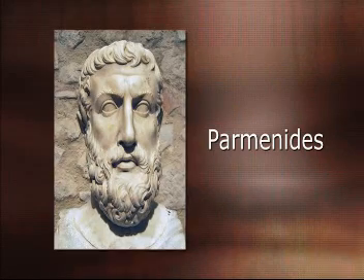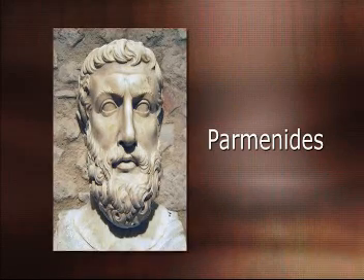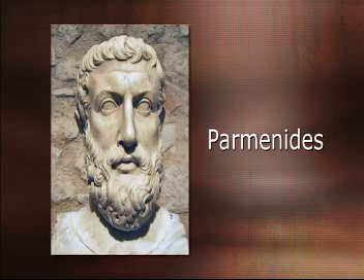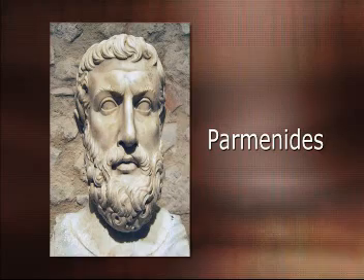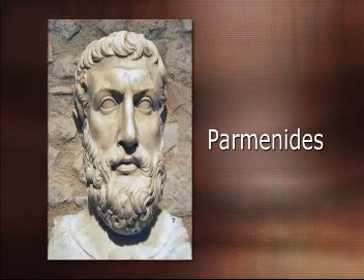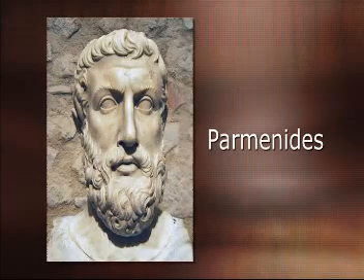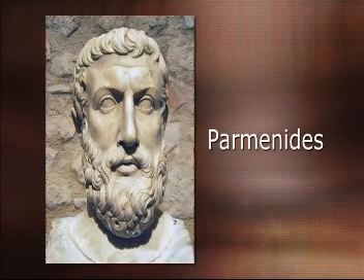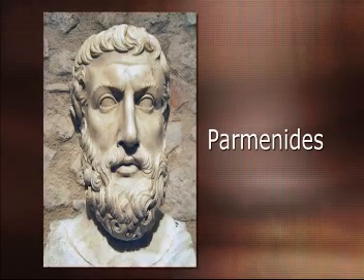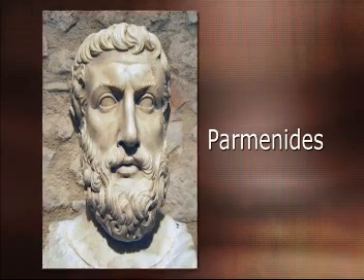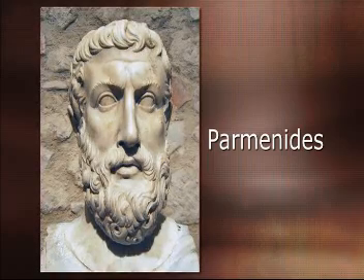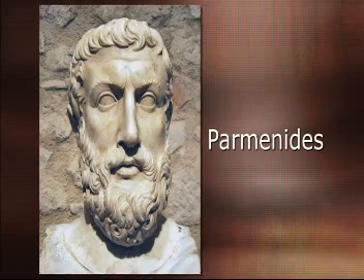Before Leucippus and Democritus, there was Parmenides, another Greek philosopher. Parmenides was the founder of the Eleatic school of philosophy. He forced subsequent philosophers to explain how change in the universe is possible without supposing that something can come from nothing.